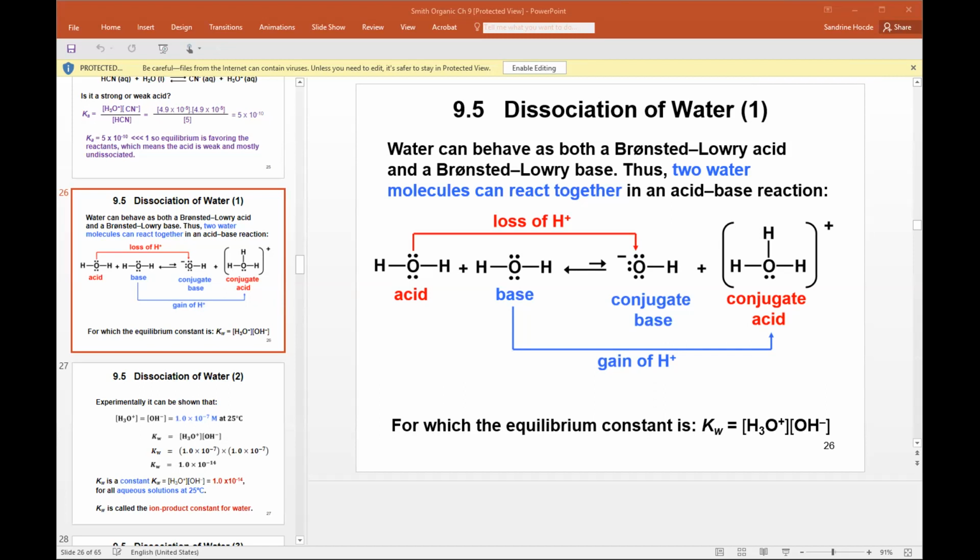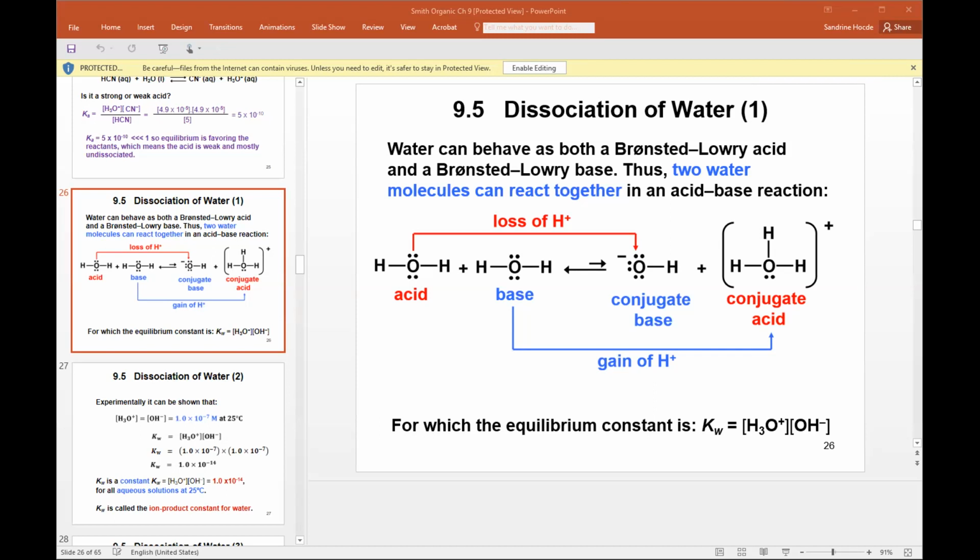And it is known to be equal to 1 × 10 to the negative 14, because for water at 25 degrees Celsius, both the hydronium concentration and the hydroxide ion concentration are 1 × 10 to the negative 7 molar. So multiplied together, it's 1 × 10 to the negative 14. So Kw has this value for all aqueous solutions at 25 degrees Celsius. So it is always true.